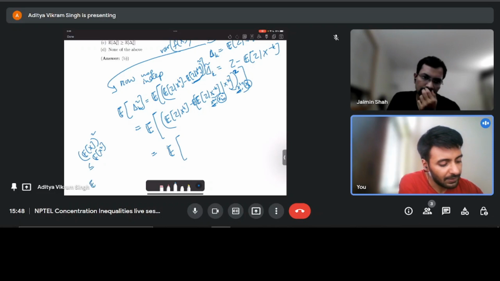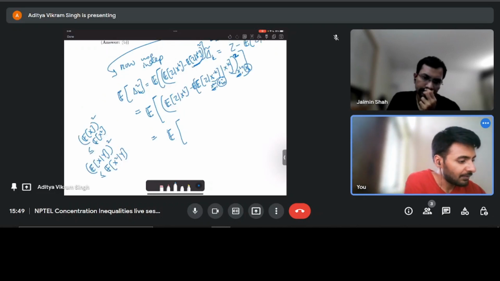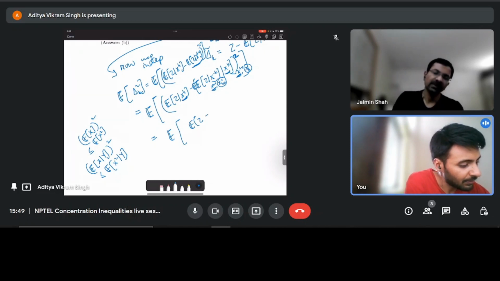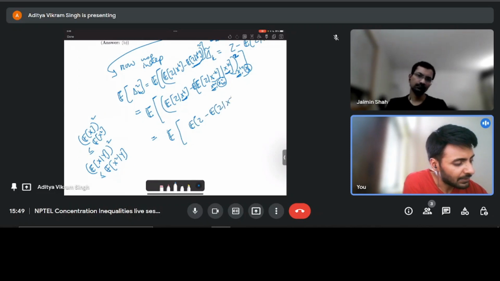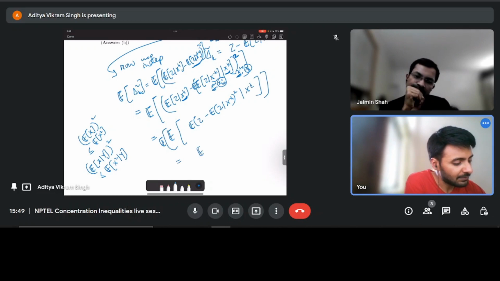And the conditional version is the expectation of X given Y, the whole square, is less than or equal to the expectation of X square given Y. We use this here, and what we get is: we have Xk fixed in both, so that comes out, and it will have just Z given X minus k, the whole square, given Xk, and then one more expectation outside. So this would just give you that.